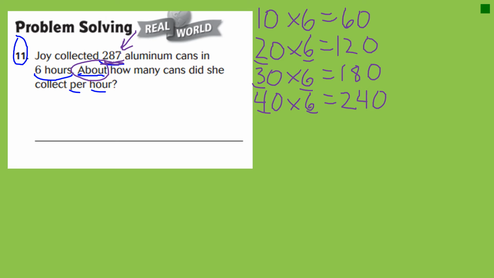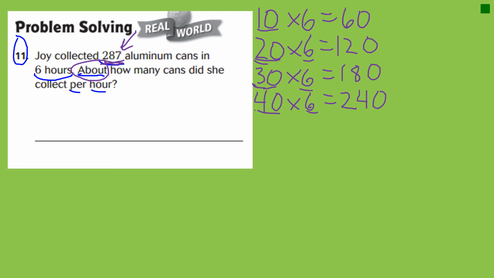Okay, so look how fast we gathered our sets of 6. We multiplied by our multiples of 10, right? 10 sets of 6 is 60, 20 is 120, 30 sets of 6 is 180, 40 sets of 6 is 240.